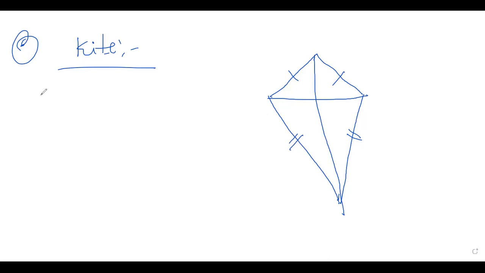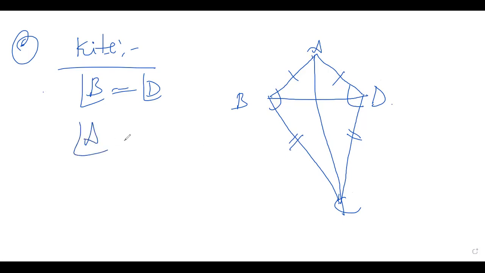And also write A, B, C, D. Here, children, angle B is equal to angle D. See, these two are equal, but angle A is not equal to angle C. Remember, in a kite the opposite angles B and D are equal. A and C are not equal.